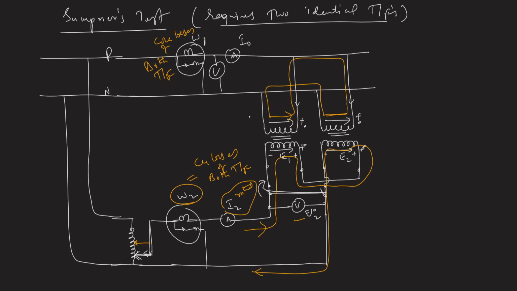Okay, so this is how on the primary side a secondary current has an equivalent, meaning N2 I2 equals N1 I1.